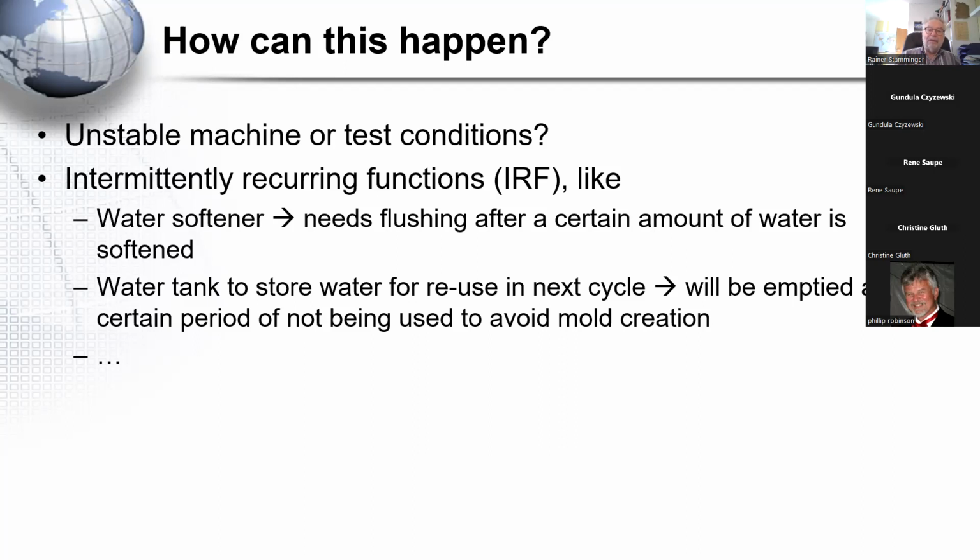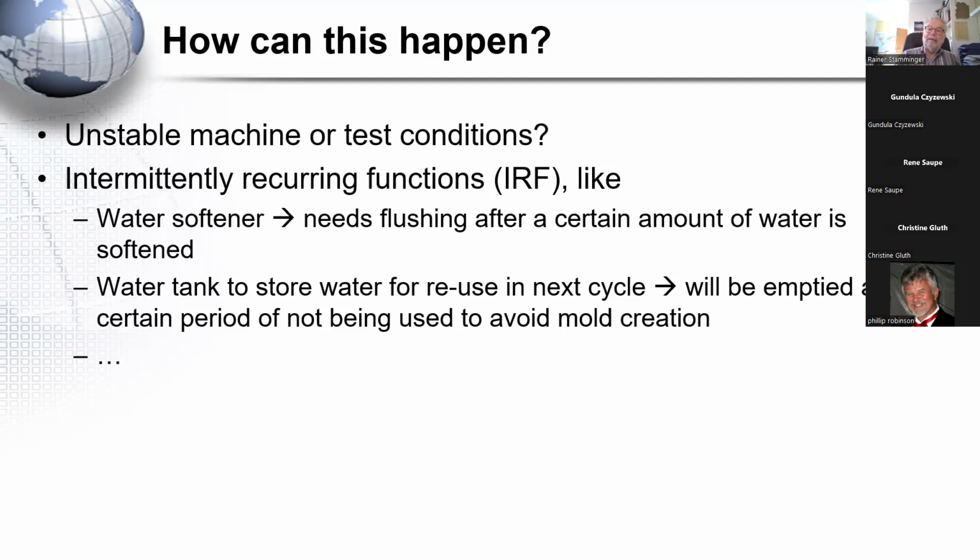And the second one is that we have water tanks in washing machines, where the last rinsing water is stored for reuse in the next cycle. This is good to save water and also to save some energy.